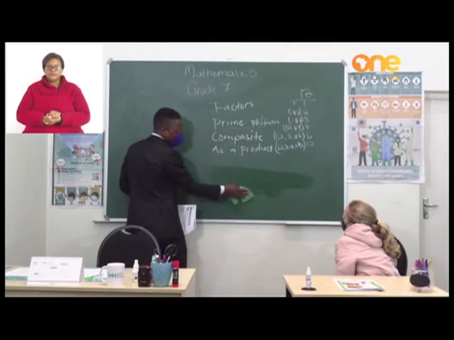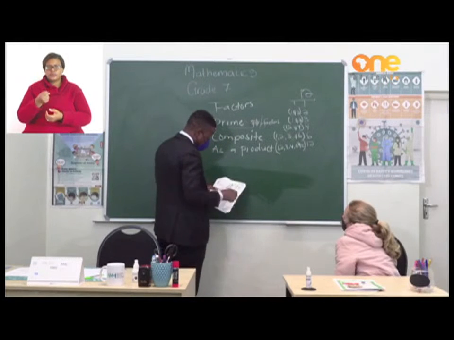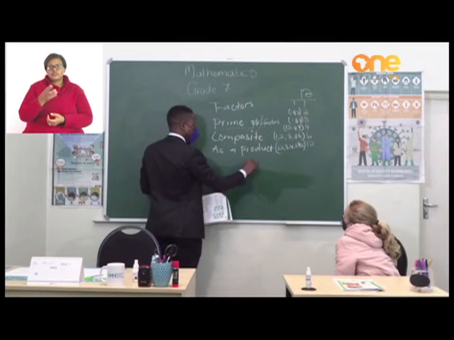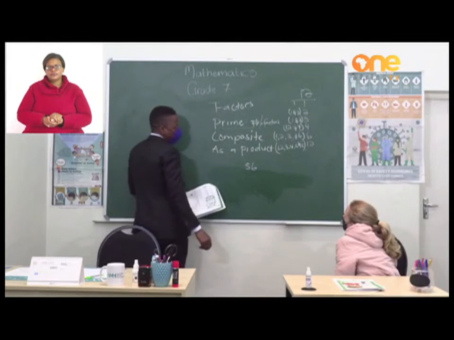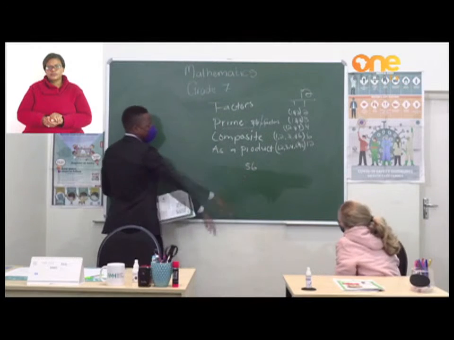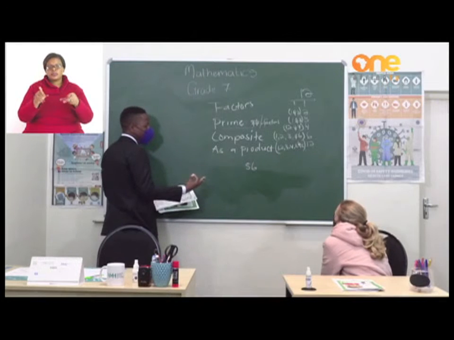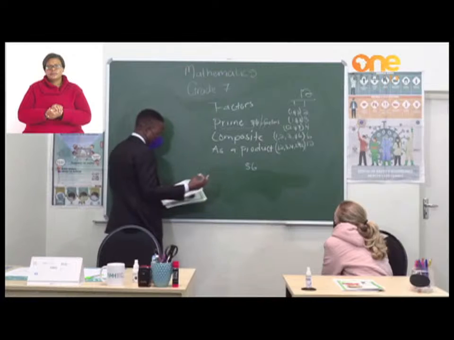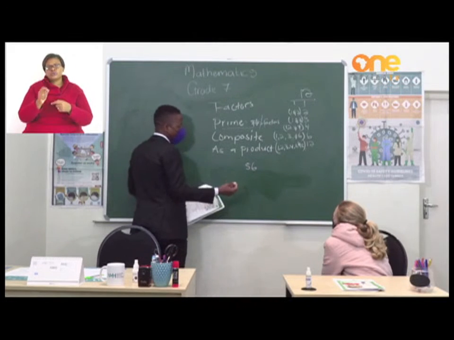In our booklet, we are given 56, and we must write 56 as a product of its prime factors. We have 2 methods. One method is called a factor tree, which you need to understand in this way.